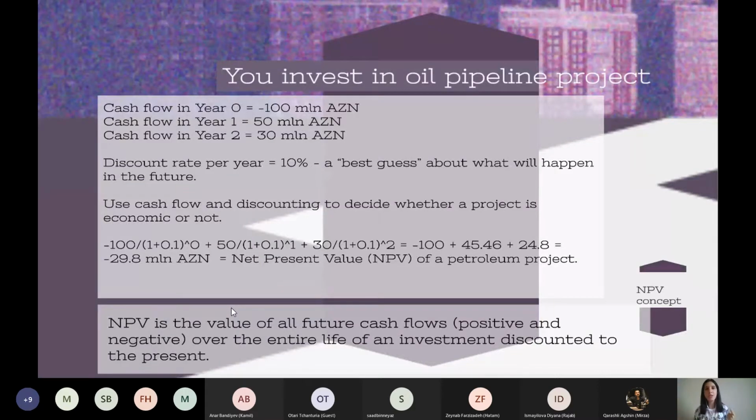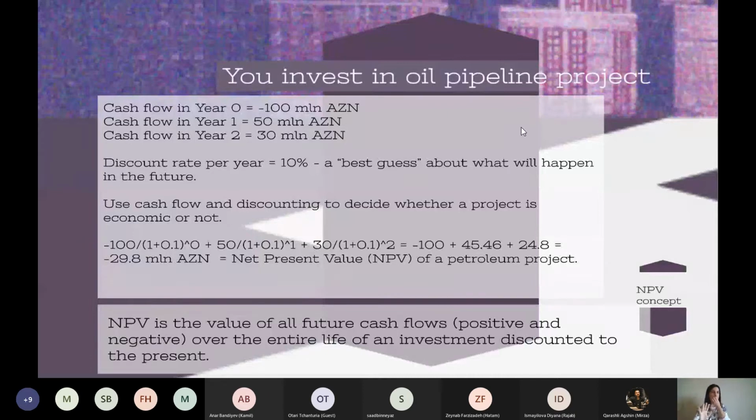In the first year, I indicate here year 0 because you just started your project and you invest 100 million manats. So it means that your cash flow is negative, right? There is no cash inflow, there is cash outflow because you spent money, you invested money. So your cash flow is minus 100 million manats in year 0.